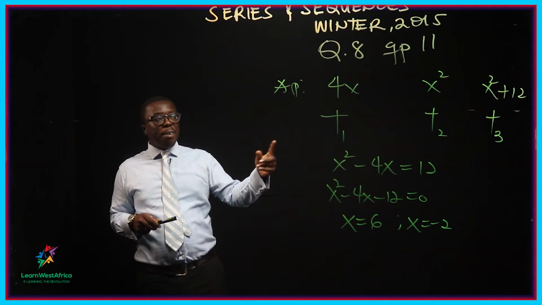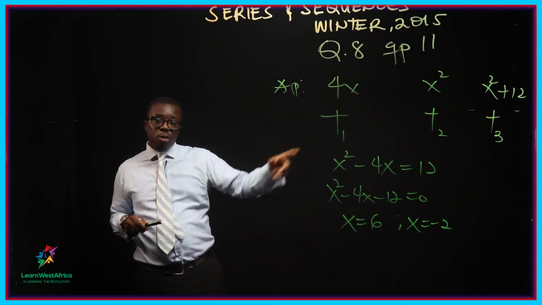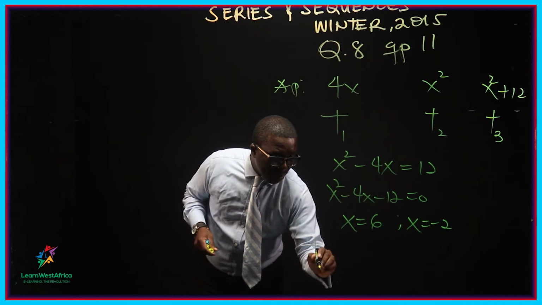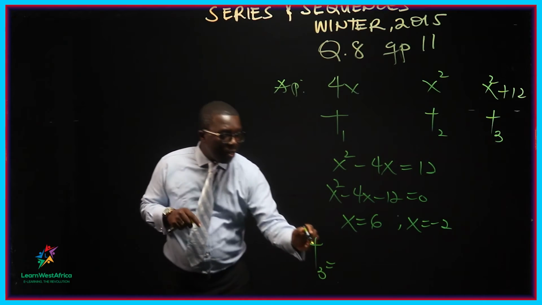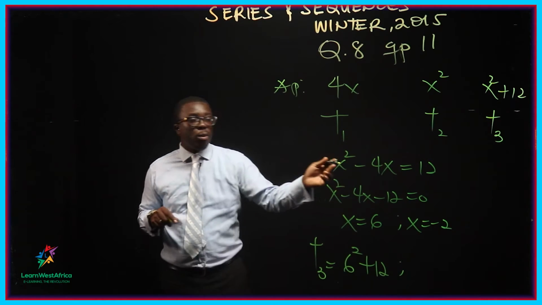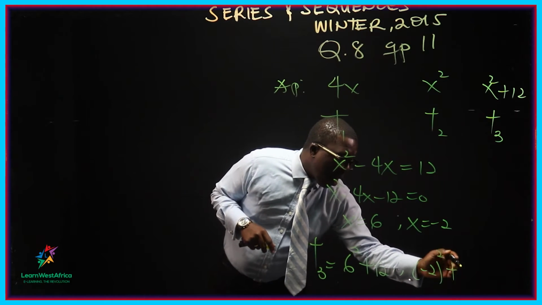Hence, we need to find the values for the situation where x is equal to 6 and also where x is equal to negative 2. So T3 will have two values. For x equal to 6, you're going to have 6 squared plus 12. And for x equal to minus 2, you're going to have minus 2 squared plus 12.